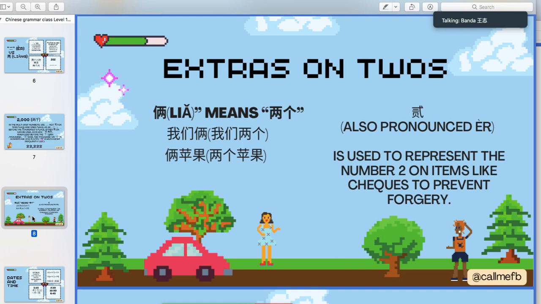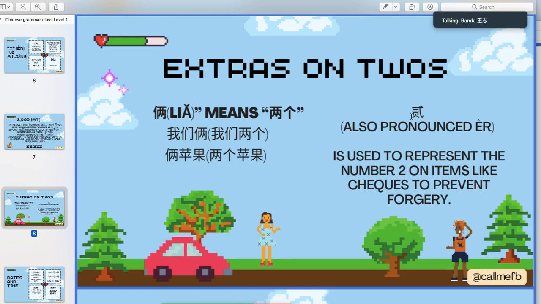All right, so there's another character. Have you seen this one before? I don't remember it. Okay. Yeah, we don't see that one often. They say it's also pronounced as R, but it's used to represent the number 2 on items like checks, to prevent forgery.